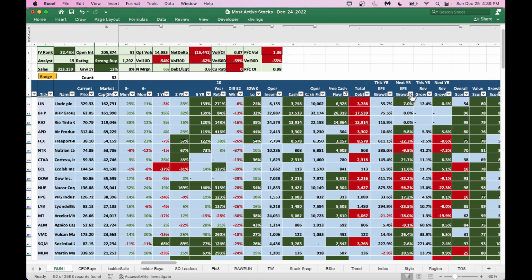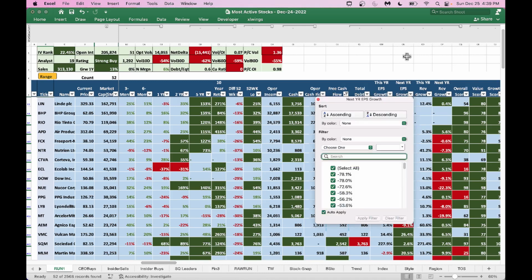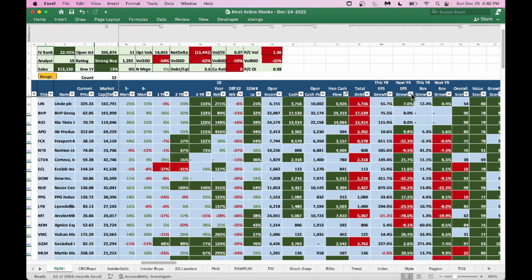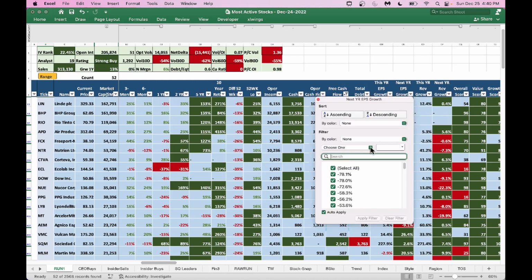Look, we got next year EPS growth. I would not want to look at companies with negative next year EPS growth. Instead, I want companies with positive next year EPS growth. I would say greater than or equal to 0 here, and go from there. So that way we eliminate some more stocks here.